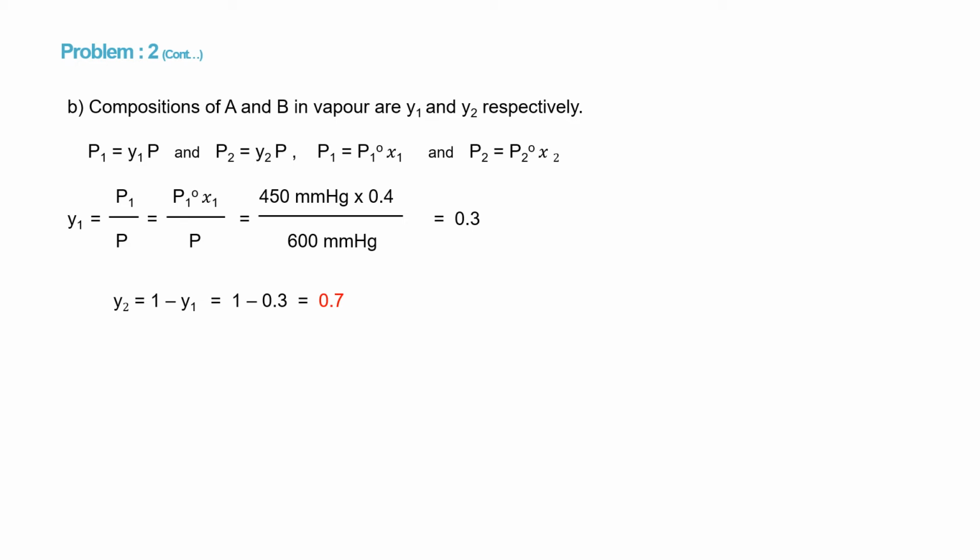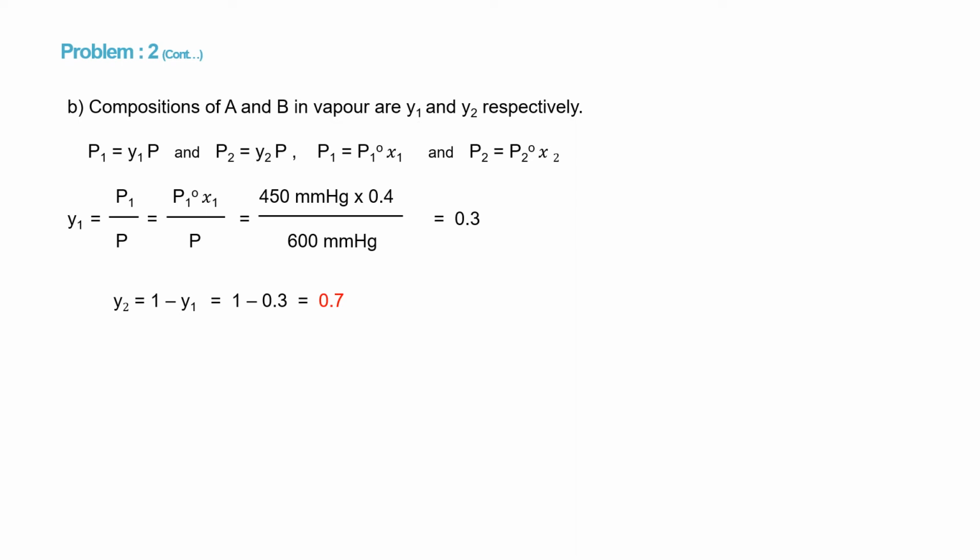So P1 is equal to Y1 into P and P2 is equal to Y2 into P. So P1 is equal to P01 into X1 and P2 is equal to P02 into X2. So now in this case Y1 is equal to P1 upon P, and P1 is P01 into X1 upon P.